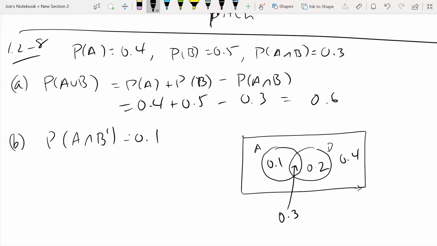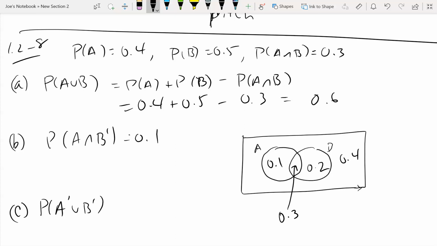So now that we've got the rest of this filled out, it should help us answer the other one. Part C asked for the probability of A complement union B complement. Either we can use the formula again or just look at the picture. It's everything in A complement along with everything in B complement.